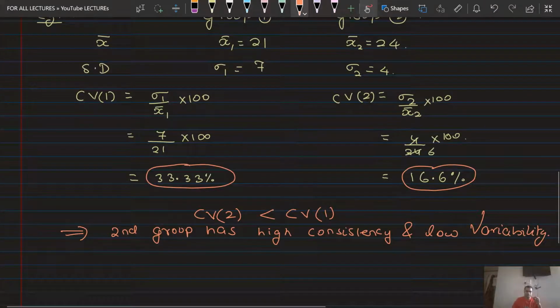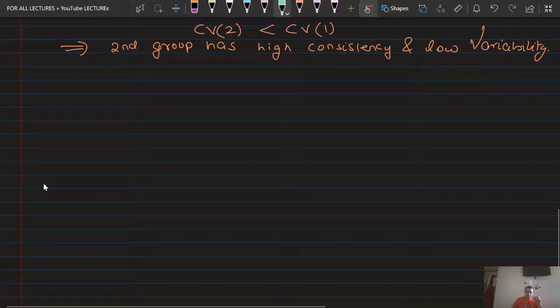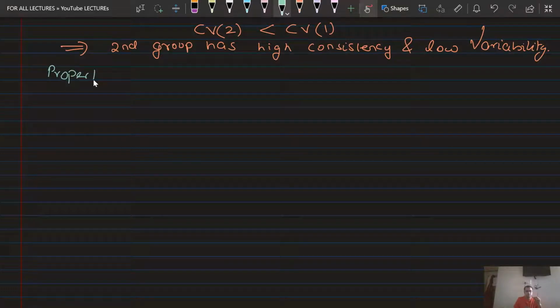Yes. Okay, great. So that was about your coefficient of variation. Now after this, the next important point that comes over here is your properties, and there are some important properties over here, so let us see all of them one by one.